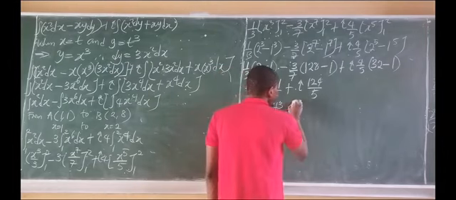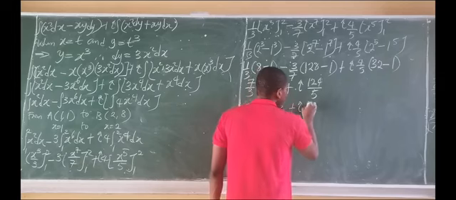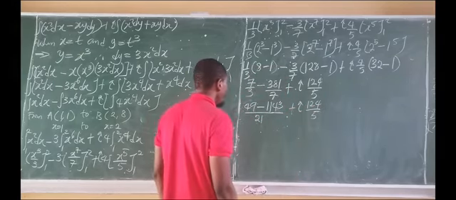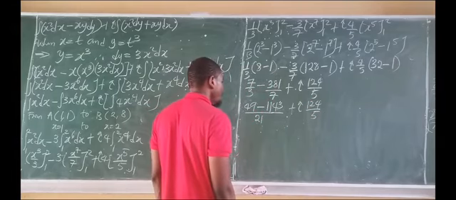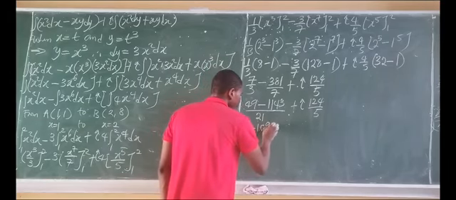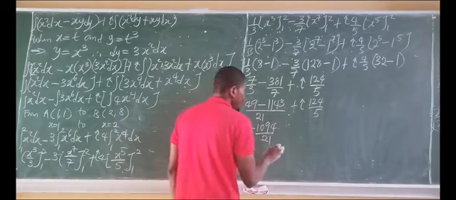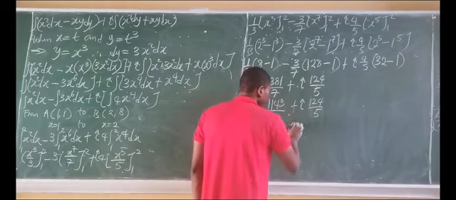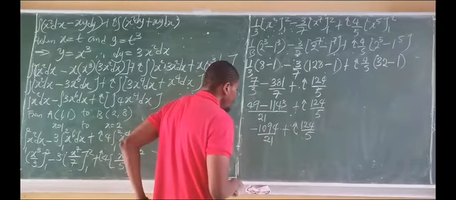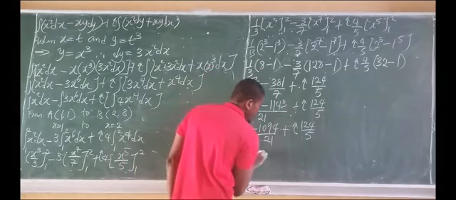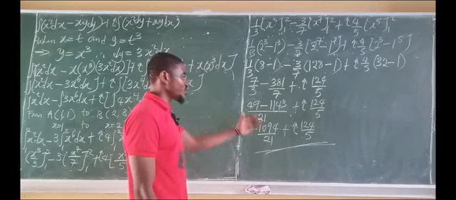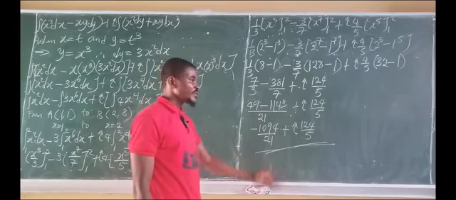I have this plus 124 divided by 5. So we now obtain 49 minus 1143, which gives us minus 1094 all over 21 plus 124 divided by 5. Okay, so you can either choose to leave your answer like this, or you can break it down to decimal places by just dividing.